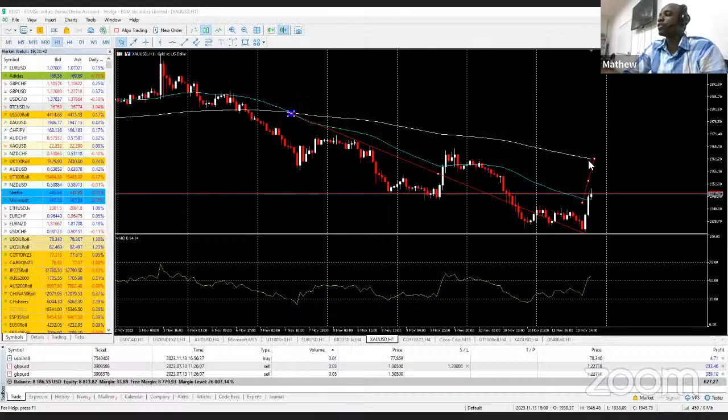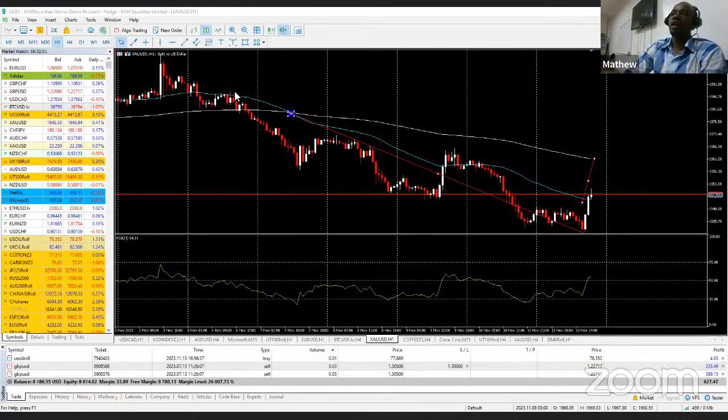So, for example, if you're buying gold right now, then you can look for opportunities to exit at the 200 EMA. In this case, the 200 EMA will be acting as a take profit area. Now, if the price is rising, then you should probably set a stop loss below the 50 EMA. That will be an area where you could set your stop loss.